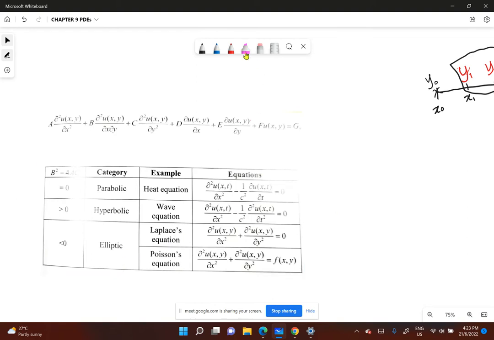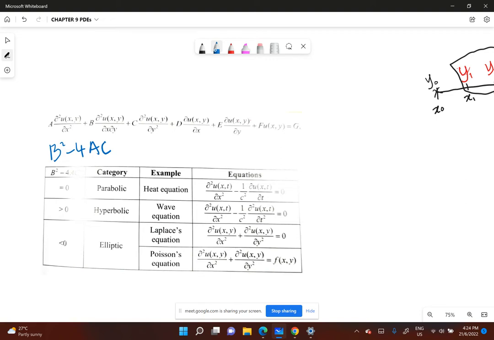We will have 3 categories of PDE: parabolic, hyperbolic, elliptic. Class okay or not? So far boleh? Okay, so macam mana we want to classify this PDE? We can classify based on its dia punya ni. I guess that you pernah nampak this equation before. B square minus 4AC.